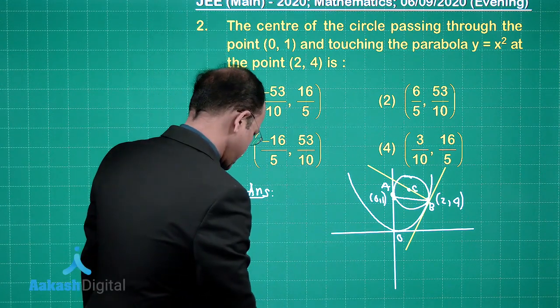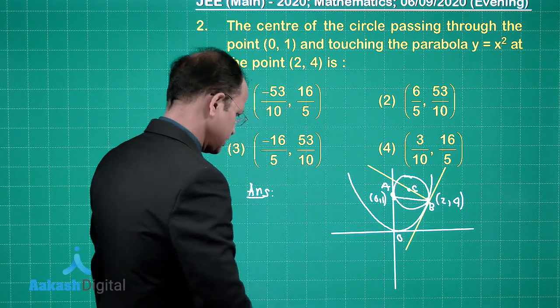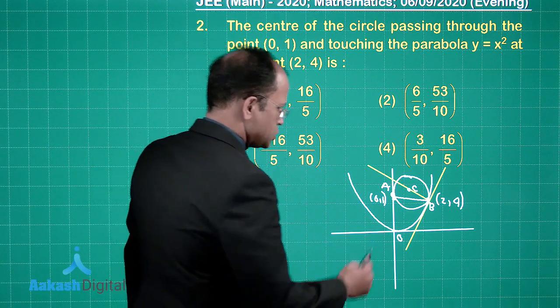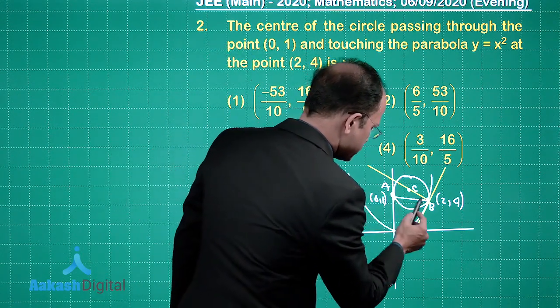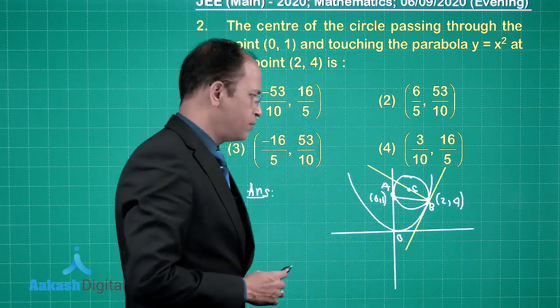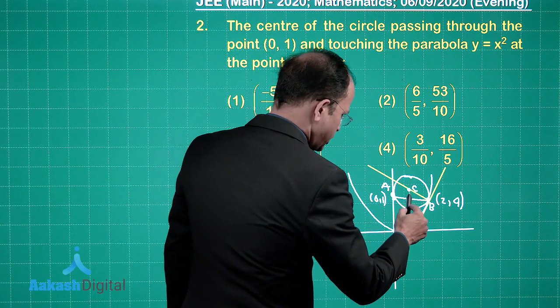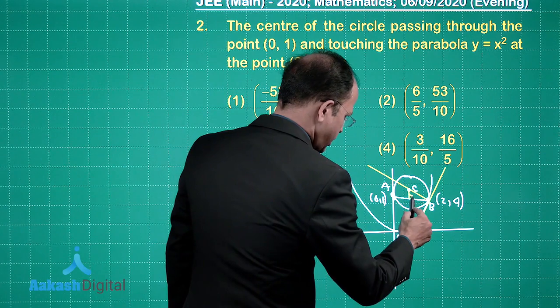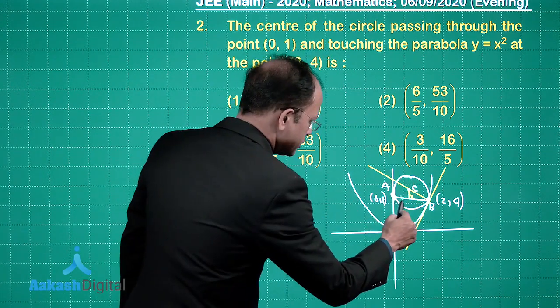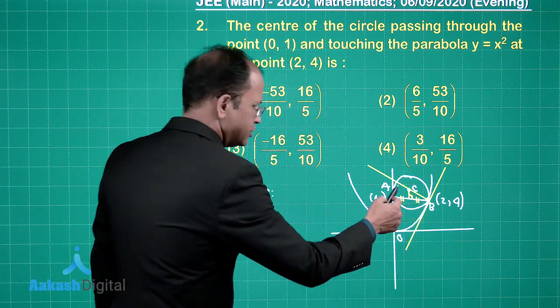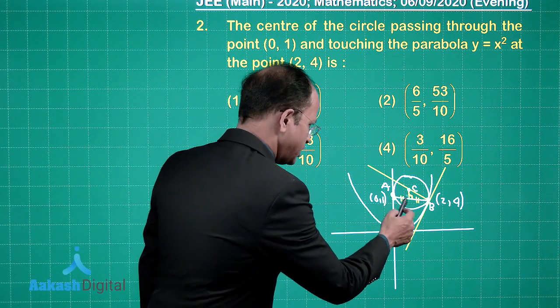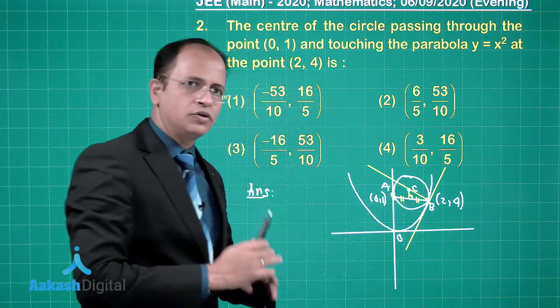So this is going to be a very interesting one. So this is the normal equation, this is the normal, so you can find the equation of the normal. And again, we have one more thing, this line.